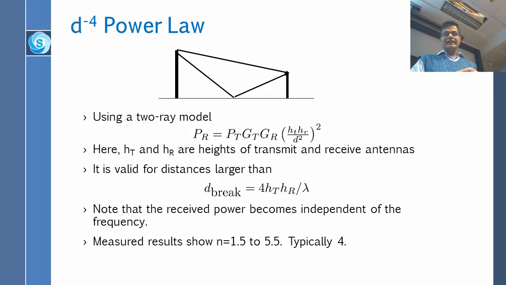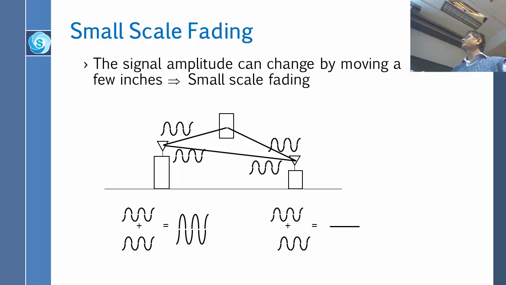Measured results show that n is anywhere from 1.5 to 5.5, typically 4. It turns out that sometimes if you move the receiver slightly, a few centimeters, the signal may be very different than if it was a few centimeters on the other side. That is called small scale fading. So the signal can vary basically, and by moving a little bit, you may get more power or less power.